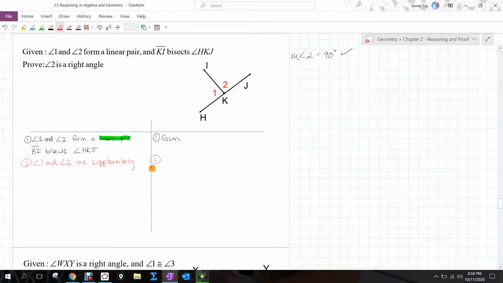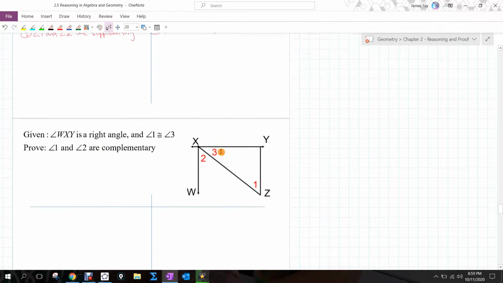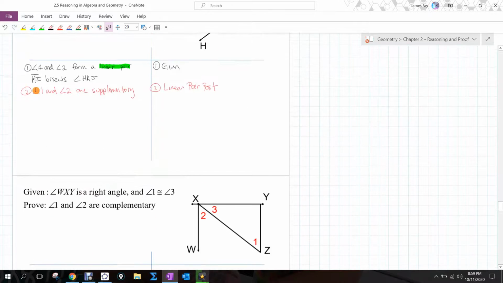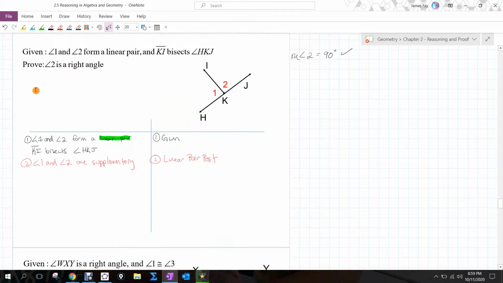When you have a linear pair, you can always then immediately say that the two angles being discussed are automatically supplementary. Those two things always go together. And that is because of what we call the linear pair postulate. If you remember, we just talked about it down here, it's that angles that form a linear pair are supplementary, if you wanted to write it out in full text.